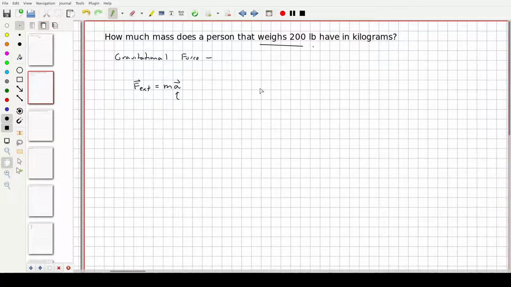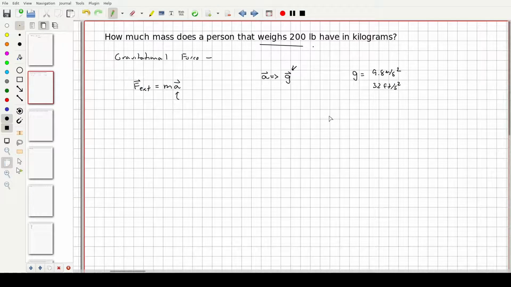Now, typically the way this is written when we're dealing with gravity is that the acceleration is written as g vector. Now, if you remember, g has a magnitude of 9.8 meters per second squared, or 32 feet per second squared, depending upon which system of units that you're working at.